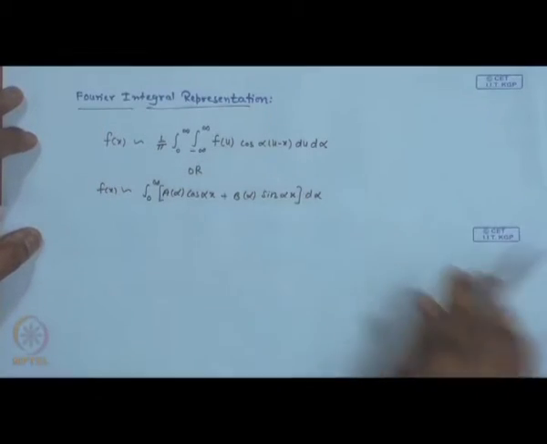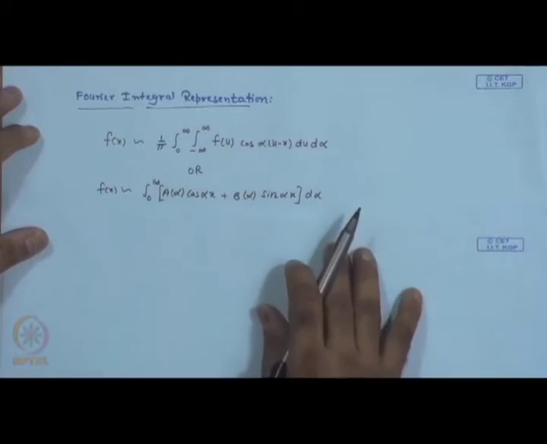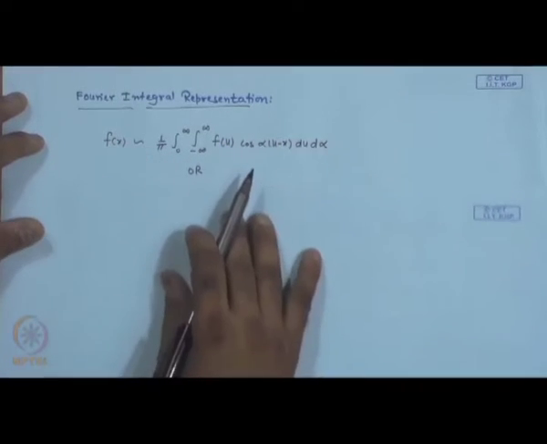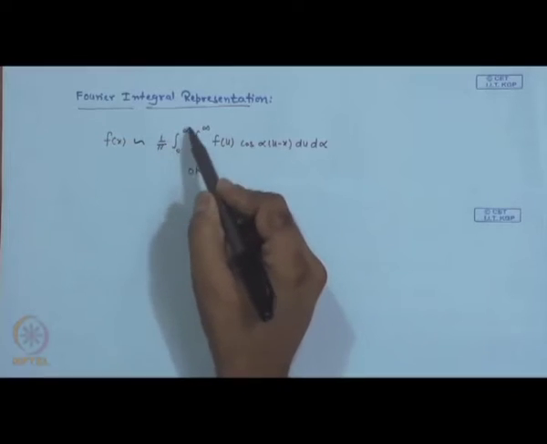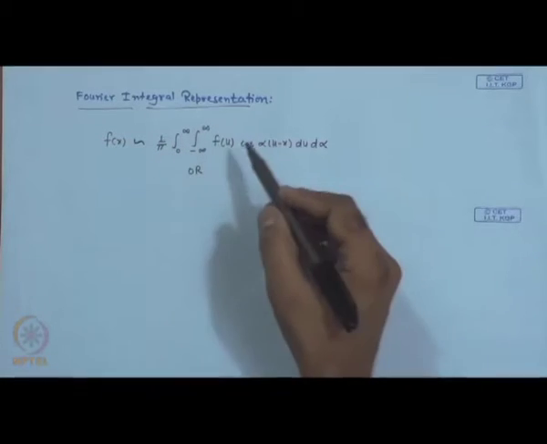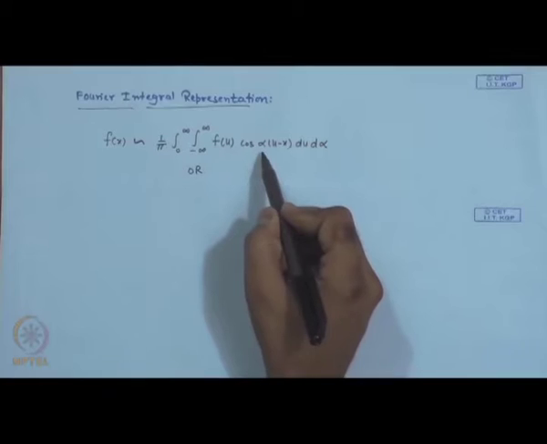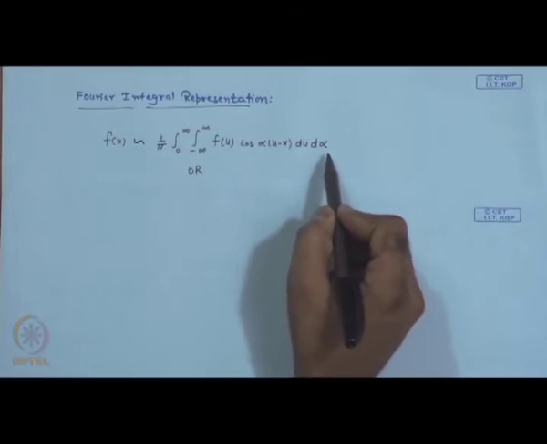We started with the Fourier integral representation, so a function f, and here the function is not periodic, can be represented by the integral 1 over pi, 0 to infinity, minus infinity to plus infinity, f(u) cos alpha(u minus x) du d alpha.